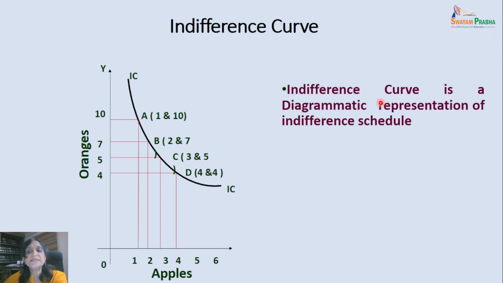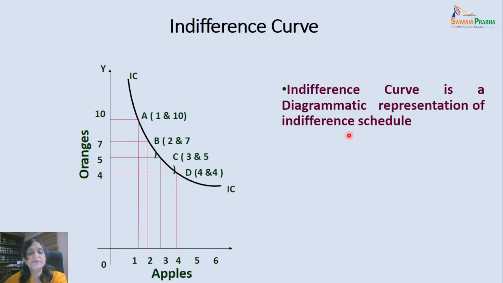So, an indifference curve is basically a diagrammatic or graphical representation of an indifference schedule. How do we derive an indifference schedule? Indifference schedule means different combinations of two goods are given by the consumer, and he says that he is getting the same level of satisfaction from all these combinations.